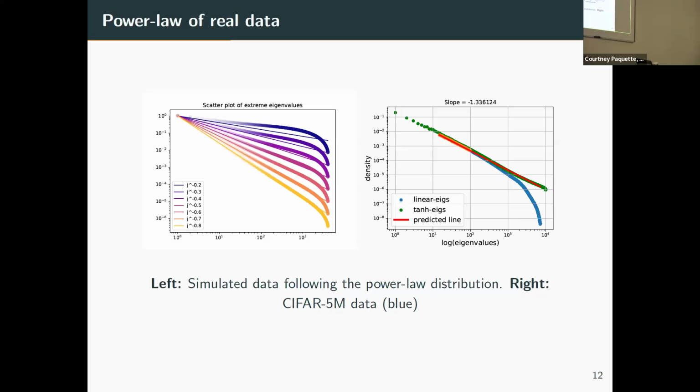The slope depends on the exponent in your power law. Language and images all have power law distributions for their covariance. If you took an image, formed the covariance, computed the eigenvalues, and plotted them, you would get things that look almost identical.